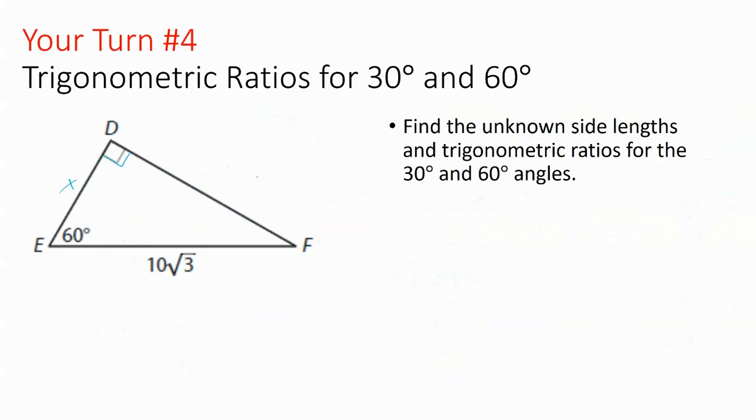So find DE and DF, and then for giggles, find the sine of 30 degrees, cosine of 30 degrees, tangent of 30 degrees, and then do the same thing except for the 60-degree angle.